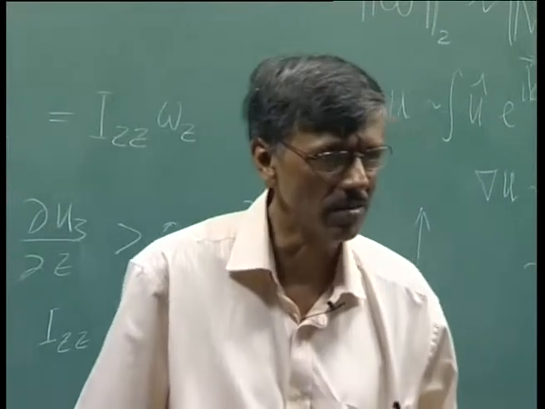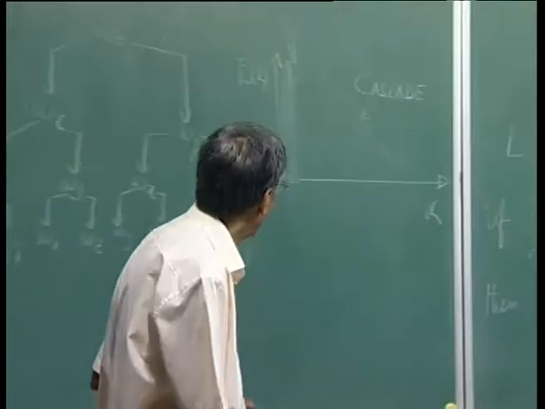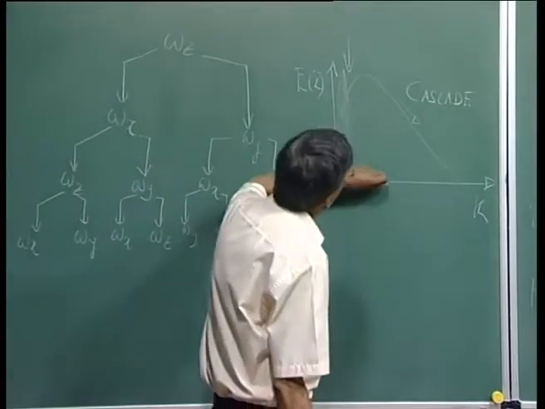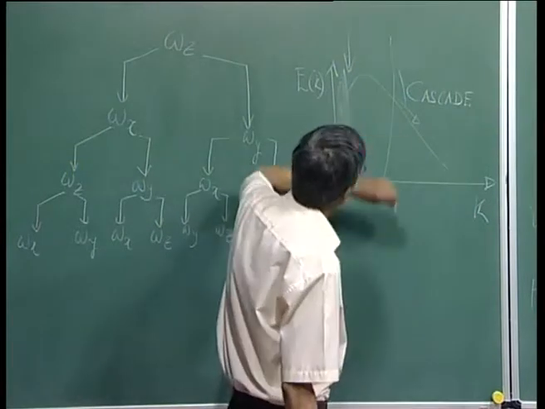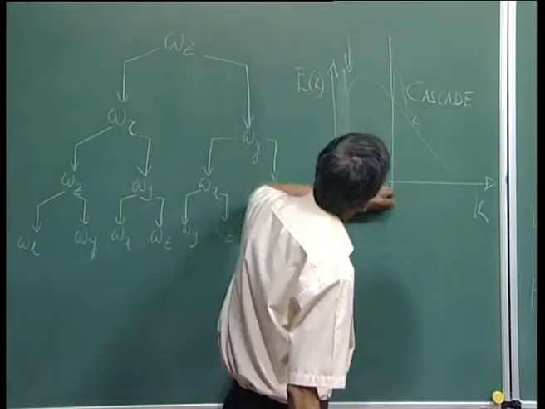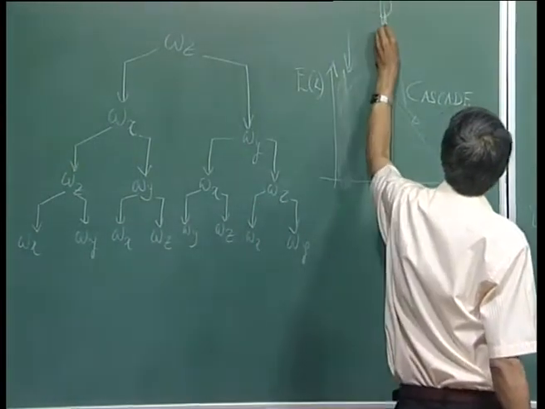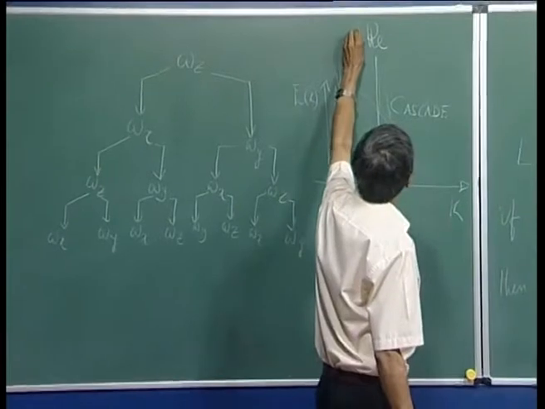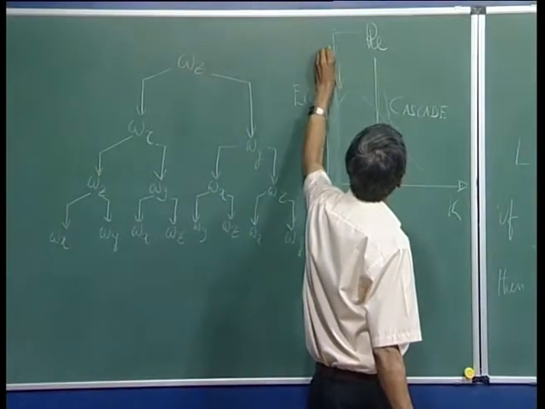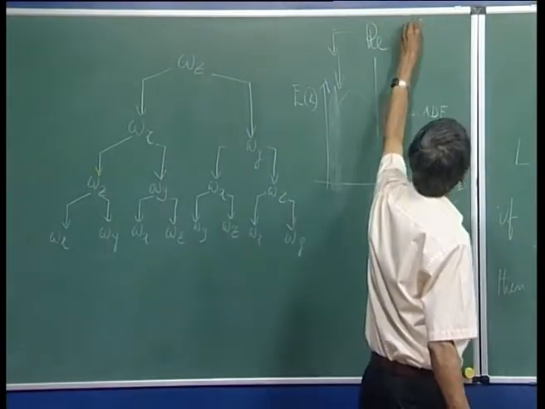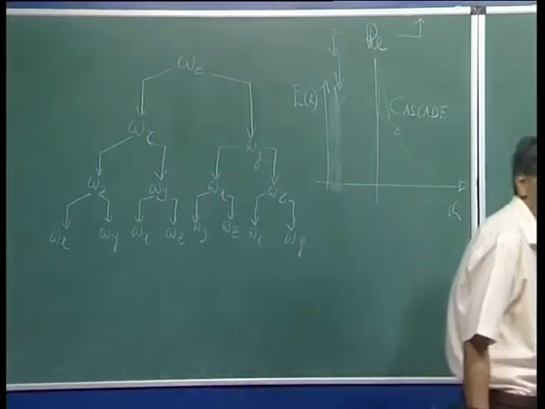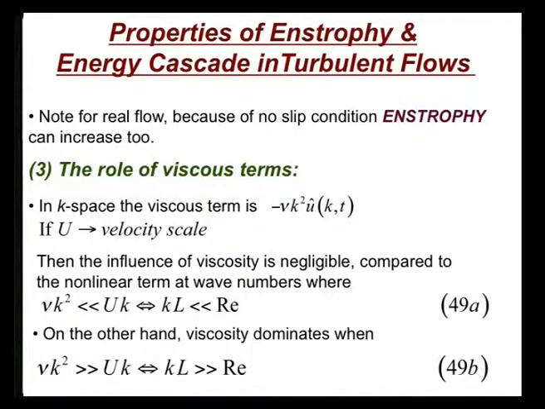So, if I draw a line of non-dimensional k along like this, this is the boundary that is determined by, let us say, R e. On this side viscous effects are unimportant, on this side viscous effects are important, right. So, that is one way of interpreting this slide.